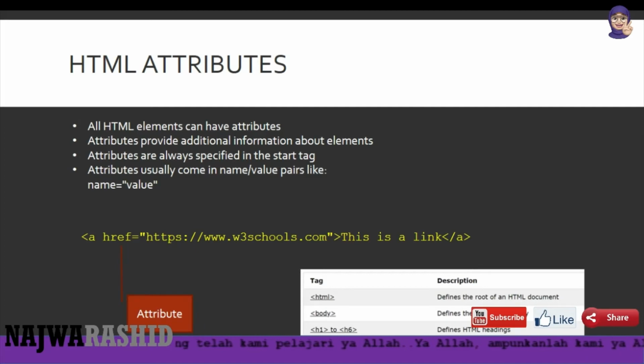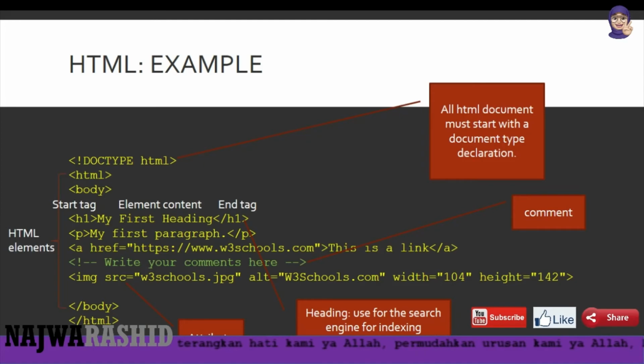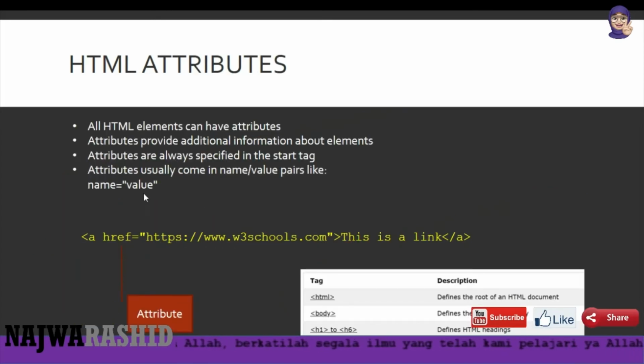Okay, the next one is the attribute, as I mentioned. All HTML elements can have attributes. This one is the element, and each of these elements can have an attribute. Attributes provide additional information about the elements.